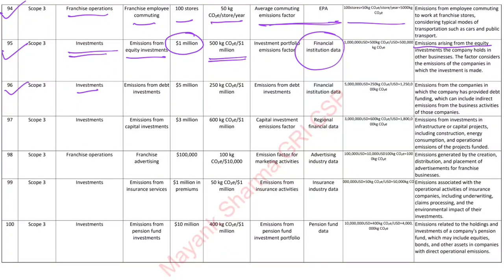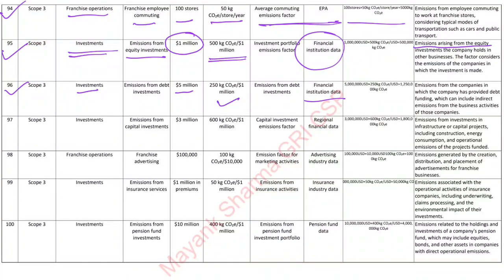Another example, 96, scope 3 investments. Again, this is a different kind of investment example: emissions from debt investments, let's say an example of 5 million debt. This is the emission factor per million. The data for the emission factor is coming from the financial institution.